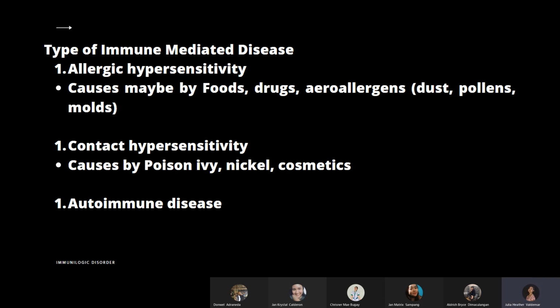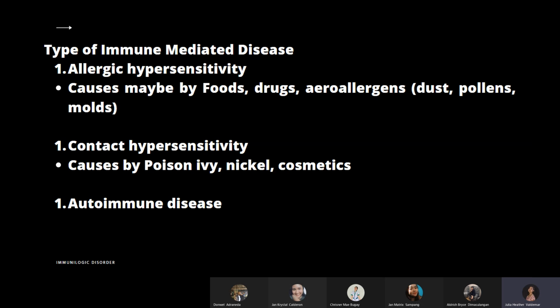The next is autoimmune diseases. These include systemic lupus erythematosus, rheumatoid arthritis, vasculitis syndrome, hemolytic anemia, and idiopathic thrombocytopenia. When we say idiopathic, we don't know the real origin, or there is an unknown origin.